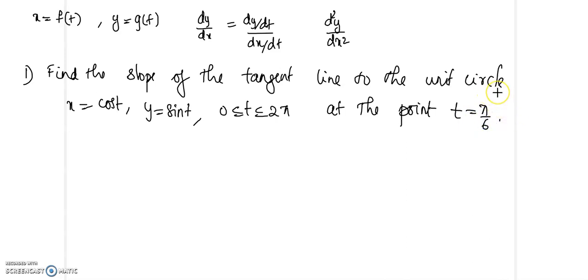So we need to find the slope of the tangent at the point t equal to pi by 6.